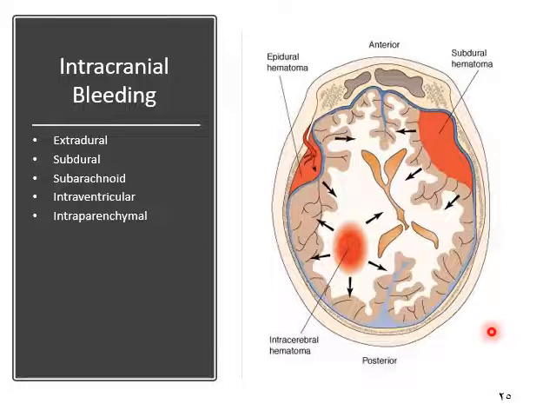The second important item in the CT brain pathology or abnormal finding is the intracranial bleeding. Bleeding is either extradural, subdural, subarachnoid, intraventricular, or intraparenchymal.